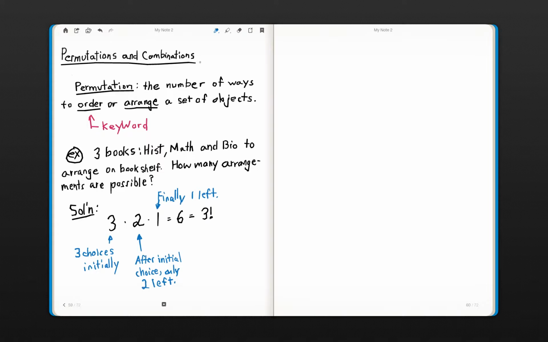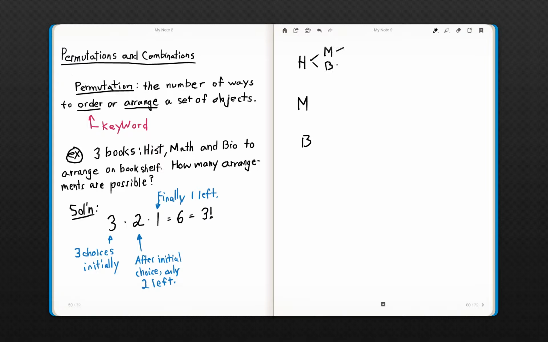And so another way to look at this is to do a diagram, if you're more of a visual person, and we'll let H indicate history book. So initially we can have a history book chosen, or math book, or the biology book, right? So after you choose the history book, we can have two more choices, the math book or the biology book.